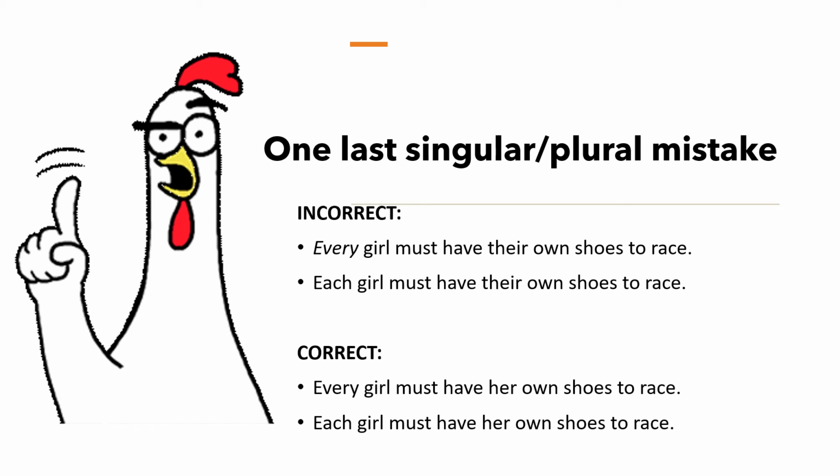I know we're kind of in a different mode here because this isn't the subject, but it's a very big mistake with pronoun use with singular plural. So look at her own shoes. Every girl must have her own shoes.